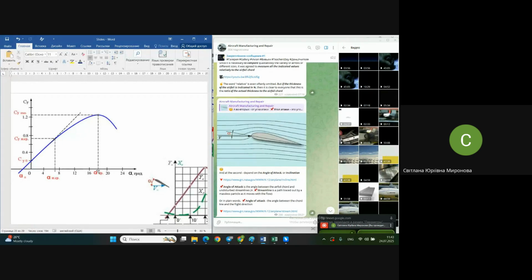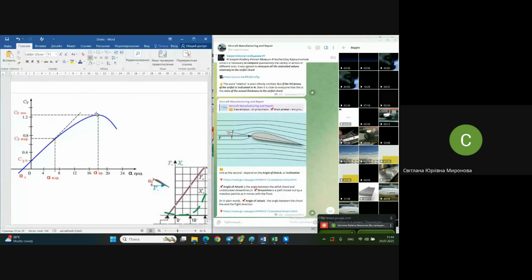And this non-ideal surface may give you a very bad surprise in case you are using an angle of attack close to the so-called alpha critical, the crucial angle of attack. In this case, you are risking such an effect as a stall.